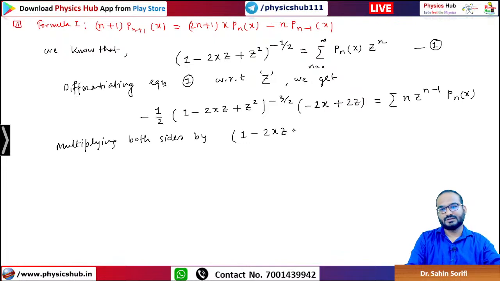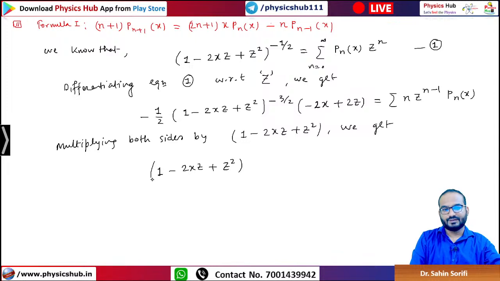If you multiply, you get (1 minus 2xz plus z squared) to the power minus half, and here you see minus 2; if you take common, x minus z, since this minus half is cancelled.